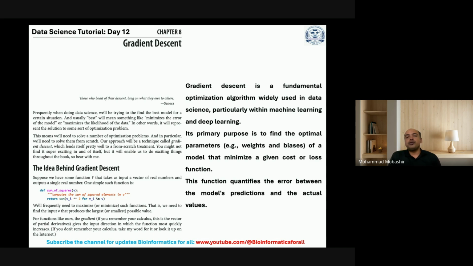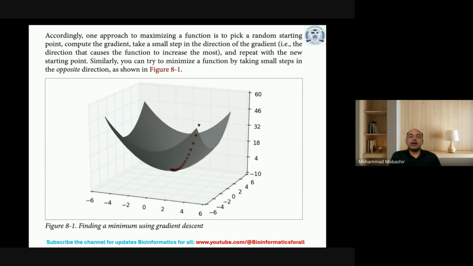If you are familiar with basic coding, then you can write it in just a few lines of code. For example, this is one example taken from the same book, that is finding a minima using gradient descent.